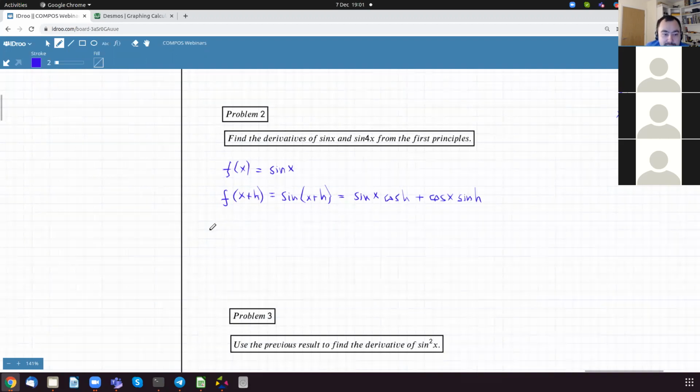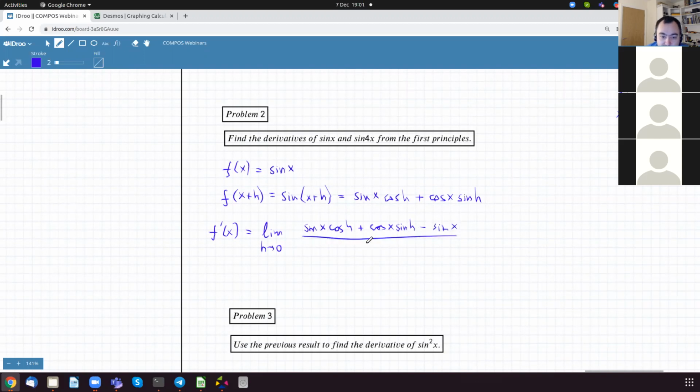And now we write down the derivative. So the derivative of f is equal to the limit as h tends to 0 of f of x plus h minus f of x. So sine x cos h plus cos x sine h minus sine x, over h.